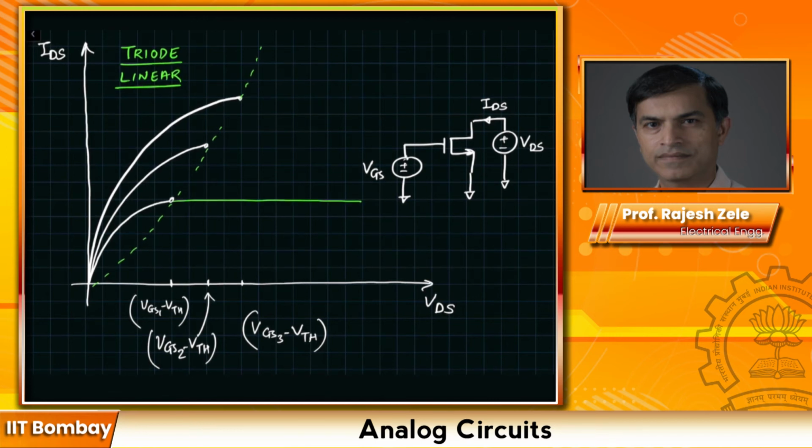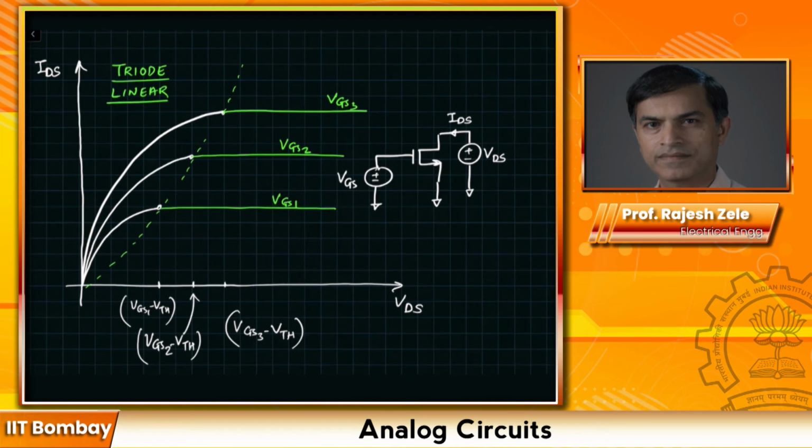Current will stay flat here, and here also, and same thing happens over here. And these are our curves for VGS1 applied, VGS2 applied, or VGS3 applied, gate to source voltage.